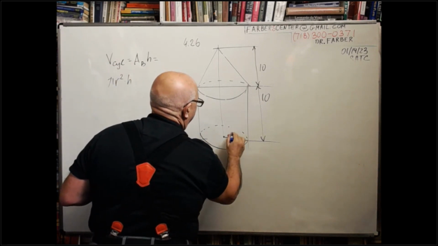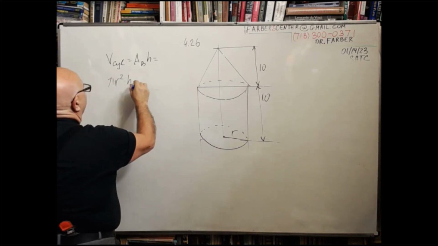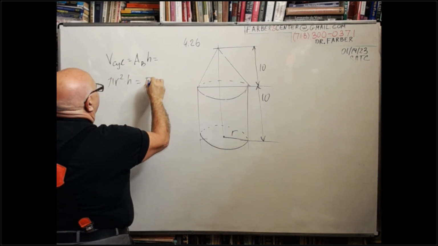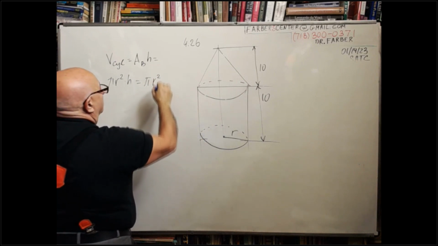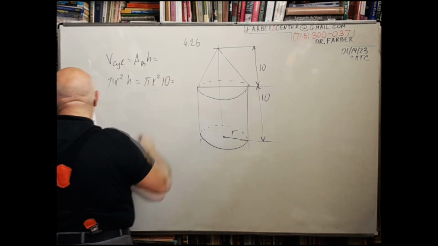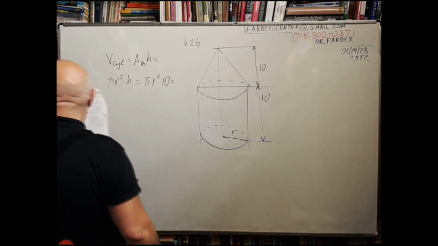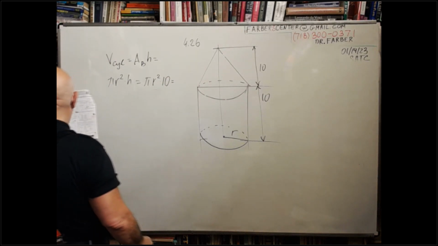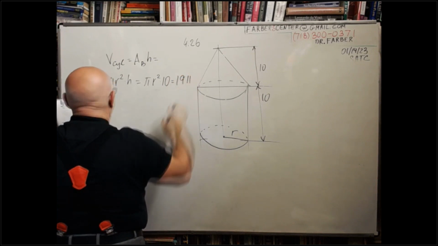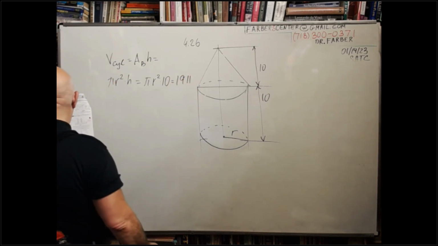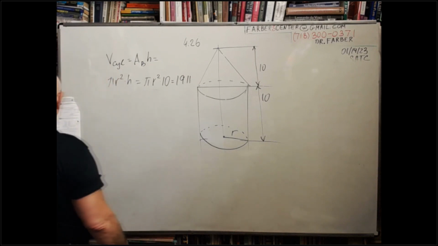So pi times r to the second times height, times 10. And they said this equals 1911. Okay. So far so good.